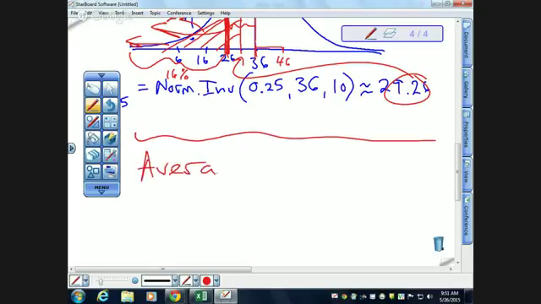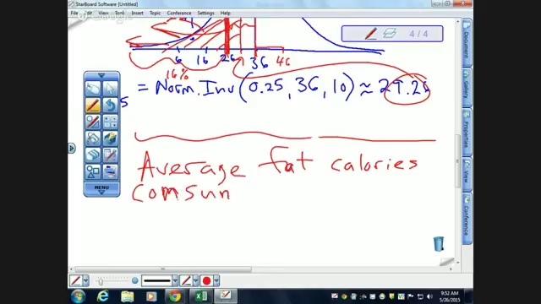So average fat calories consumed by 16 Americans. Average is what we call X bar, not X. Now, once I start talking about the average of the group, I got to be a little careful.